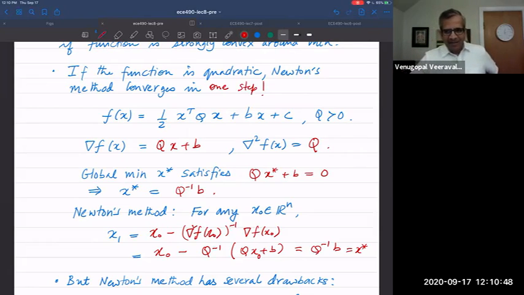Okay, so that's basically the power of Newton's method. Of course, in order to apply Newton's method, first of all, you need the function to be twice continuously differentiable, and you need to be able to compute that Hessian and the inverse of the Hessian. So in this special case, of course, this was all easy, but in general it may be computationally difficult.